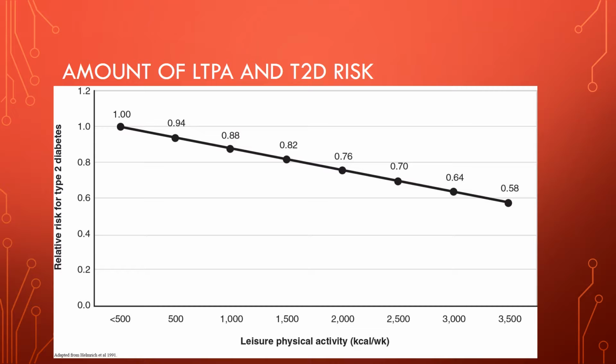Everything is being shown relative to this group, which gets less than 500 kcals per week of activity. And so you have this very nice dose-response relationship. As you move to the right here, that's more physical activity, and more physical activity is associated strongly with a lower risk for type 2 diabetes.